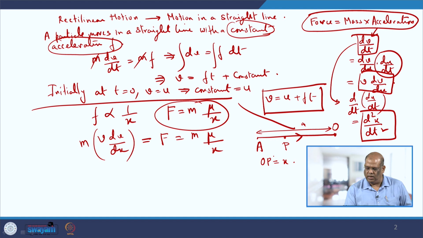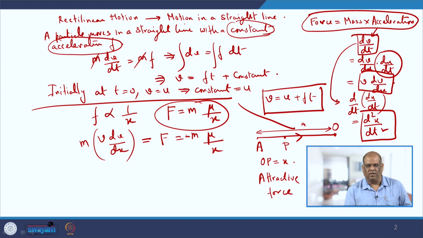Now, as you can see, the particle is moving towards a point which we call the origin, and this is an attractive force. So, if it is an attractive force, this total force will be negative, which is moving towards the origin.